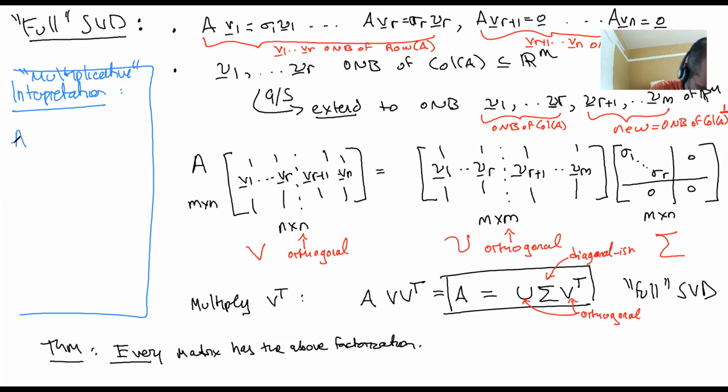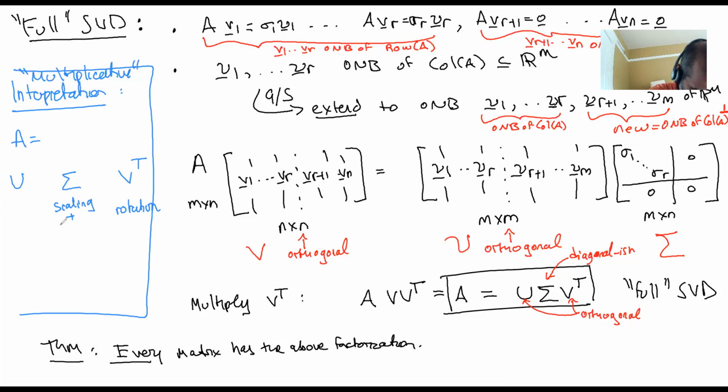Multiplicative interpretation is A is equal to U sigma V transpose. And this is a rotation. This is a scaling, plus maybe adding or ignoring some coordinates. That's what the padded zeros are.